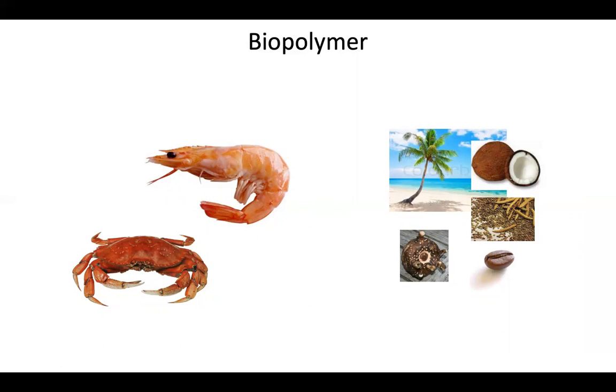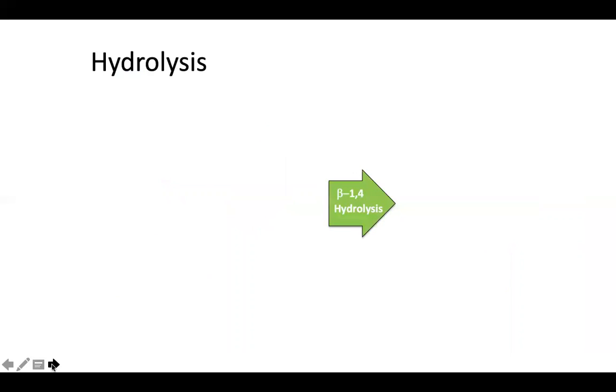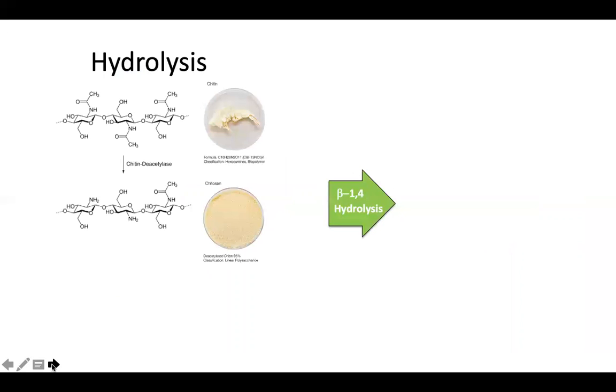These are the biopolymers subject to my study. These two are chitin and chitosan, and this one is mannan. That's a polymer. So now, how do we create value from this biopolymer?